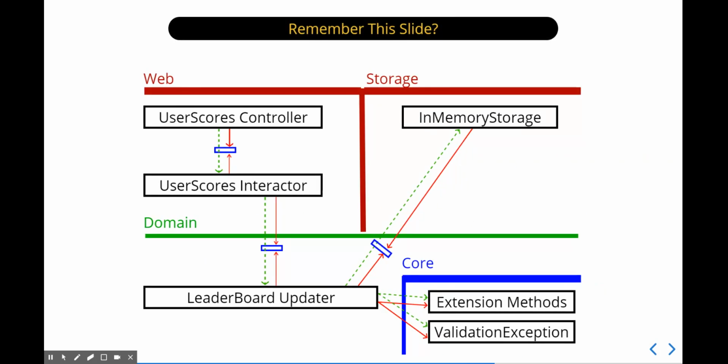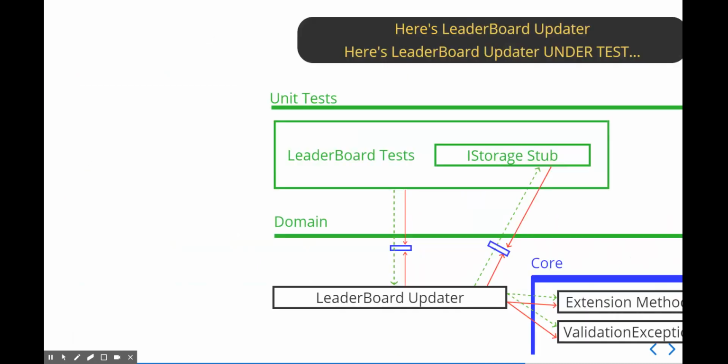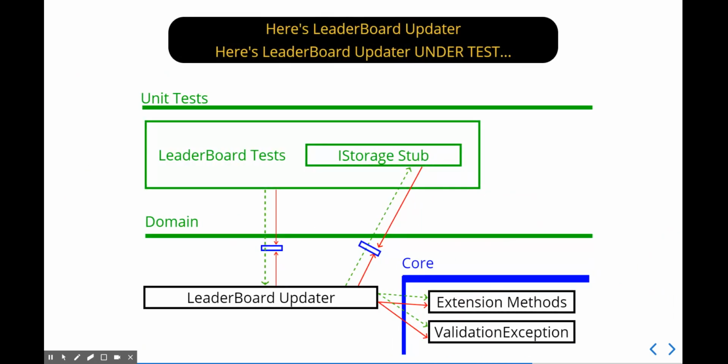If you remember this slide, say for example that I want to test drive the leaderboard updater right here. That might look something like this, where you can see I've got the test here and a stub for the storage, because I know that the correct behavior will be calling into the storage under certain conditions, or that it should not call the storage if, for instance, the input is invalid.